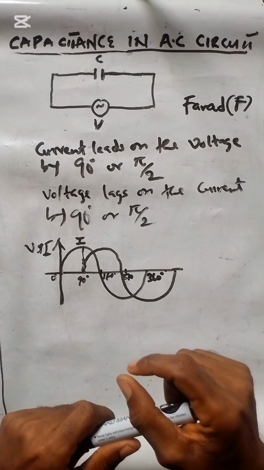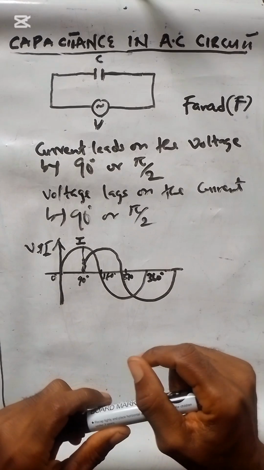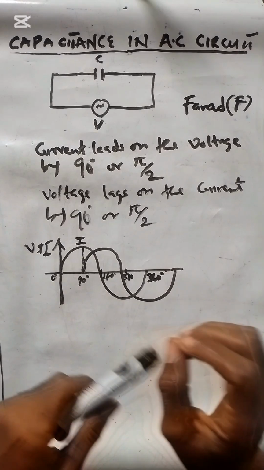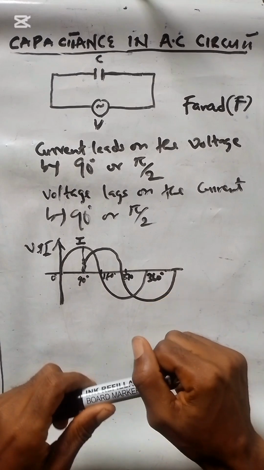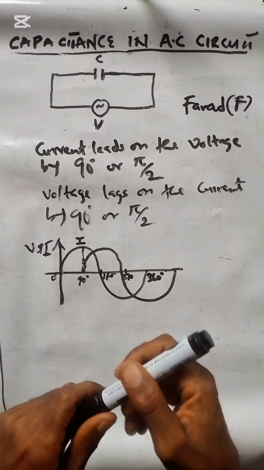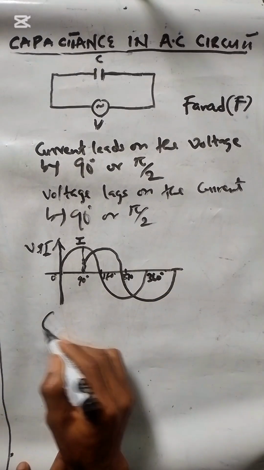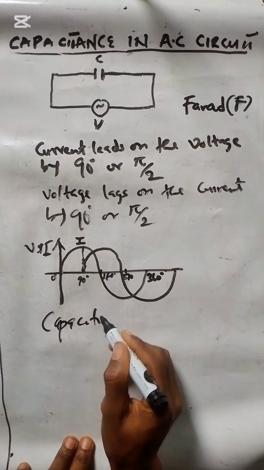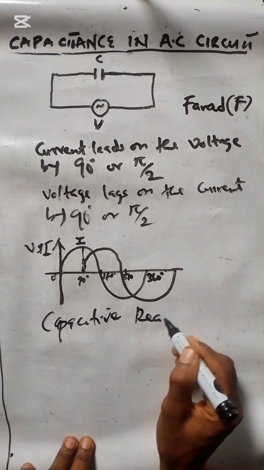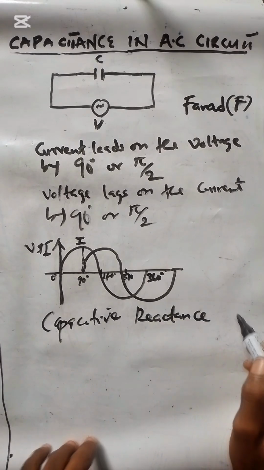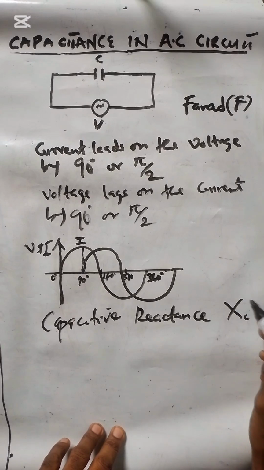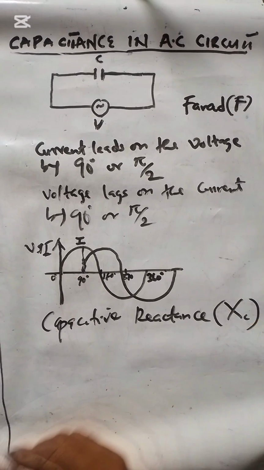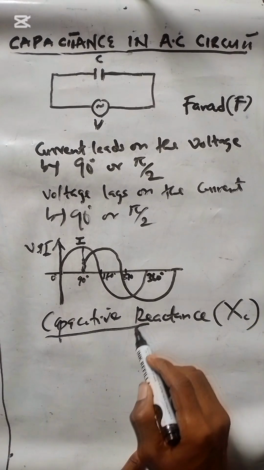Capacitive reactance is the opposition to the flow of current offered by a capacitor, and it's represented by the symbol X subscript C.